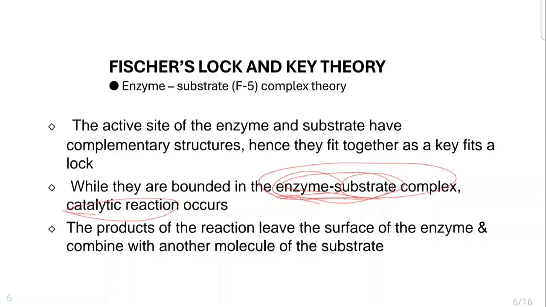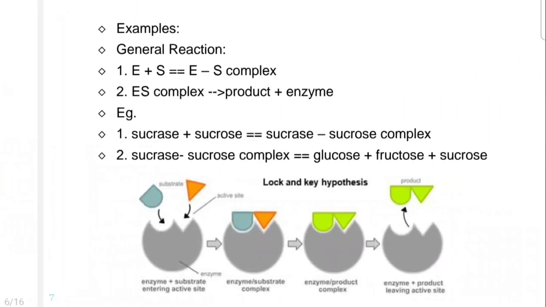The products of the reaction leave the surface of the enzyme and the enzyme combines with another molecule of the substrate. For example, once you have produced a product, the enzyme can combine with another substrate, be activated again, and produce another product.